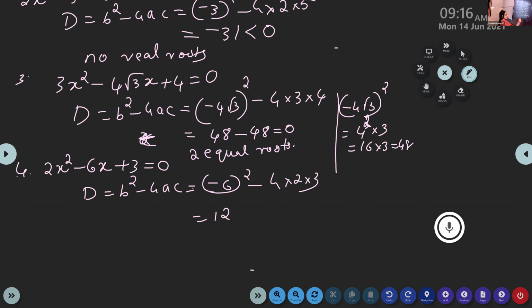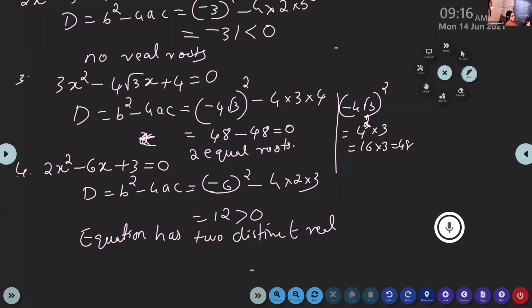That is equal to 12, greater than 0. So, Isha, what can we say? Two distinct real roots. The equation has two distinct real roots. Okay.